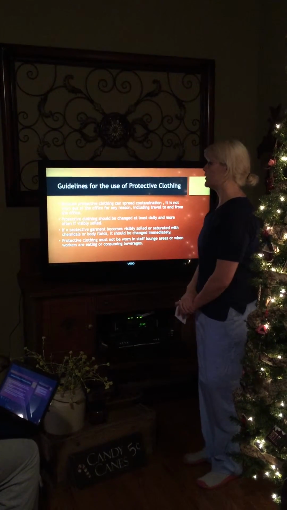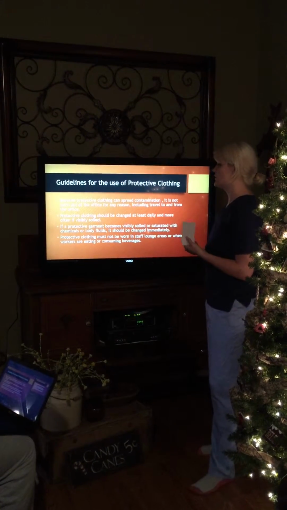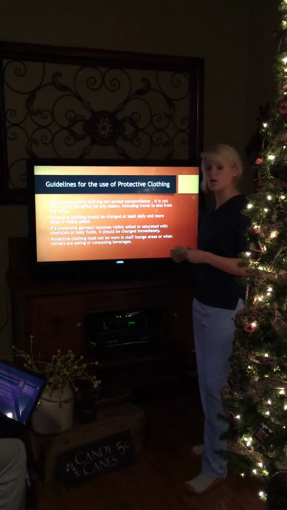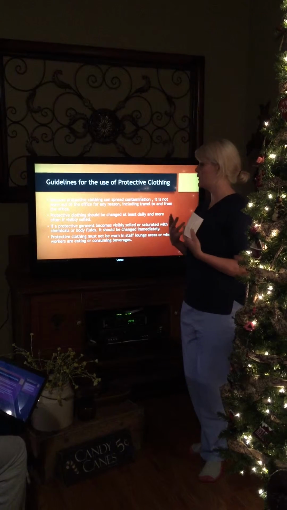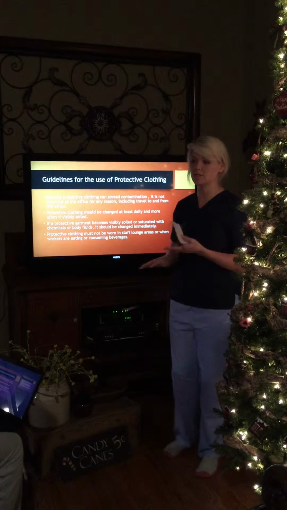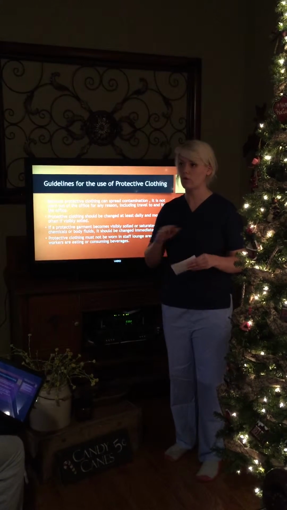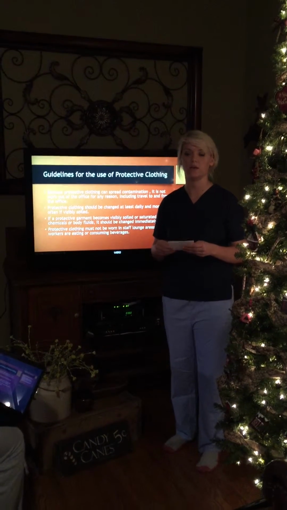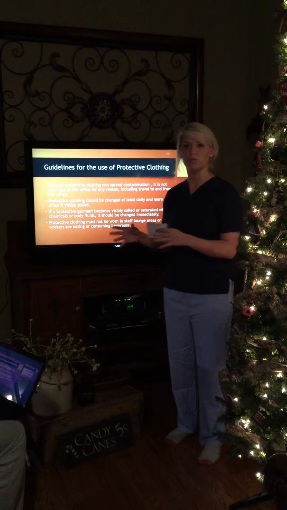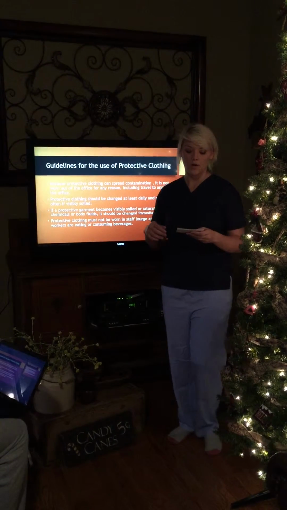And these are the guidelines for the use of protective clothing. Protective clothing must never be worn out of the office, or even walking down the hallway. You always want to wear it in the trauma unit or the operating room. You never want to take it out.